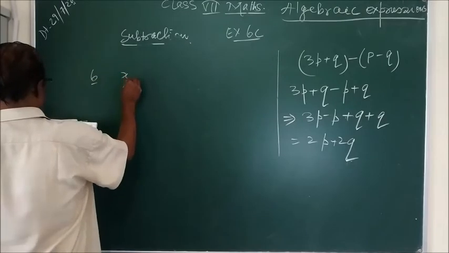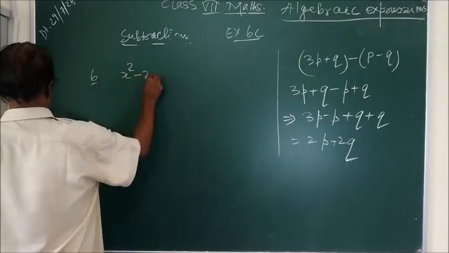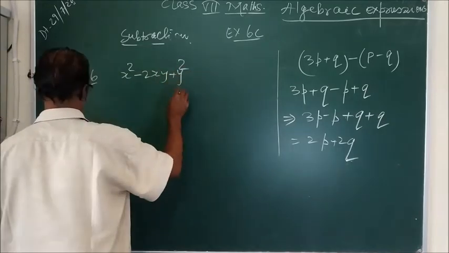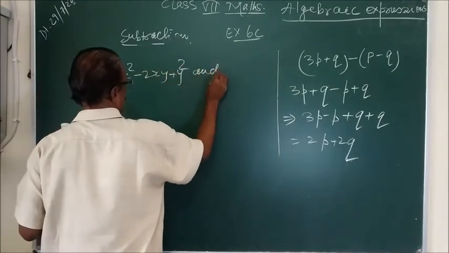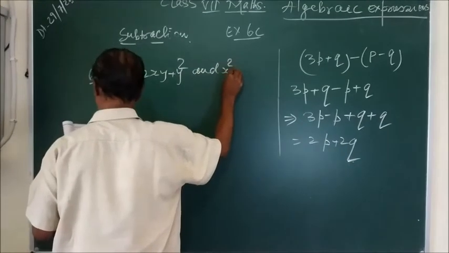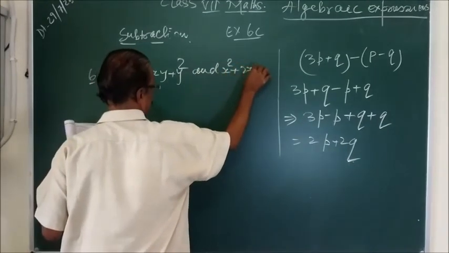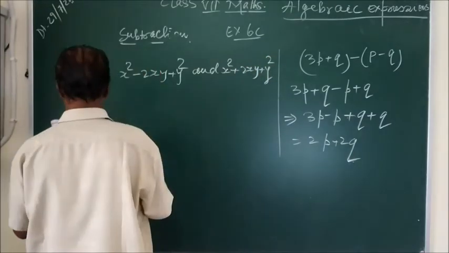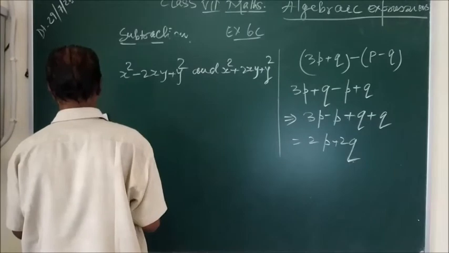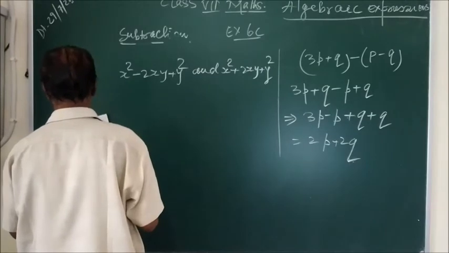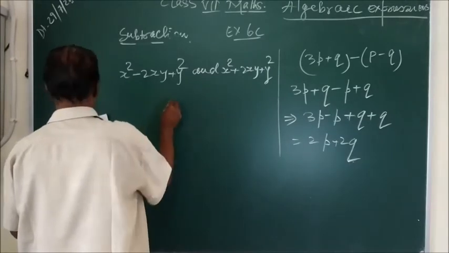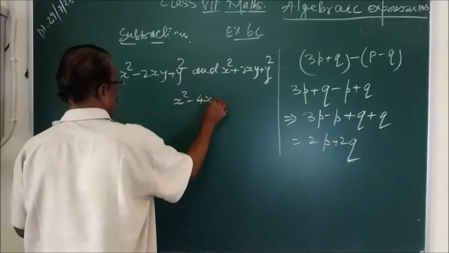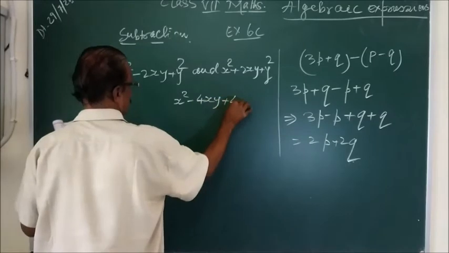Find the sum of x squared minus 2xy plus y squared and x squared plus 2xy plus y squared. इसका सम निकालना है और इसको सब्ट्रैक्ट करना है x squared minus 4xy plus 4y squared.